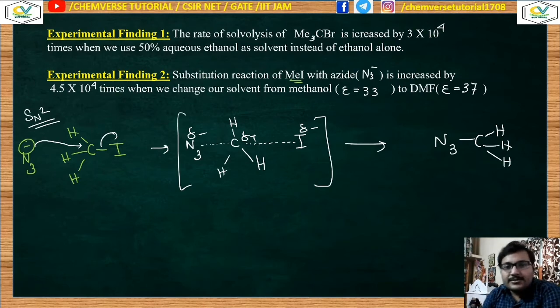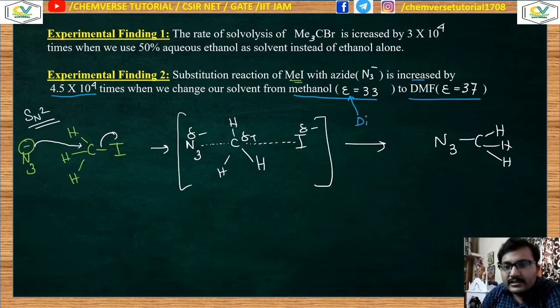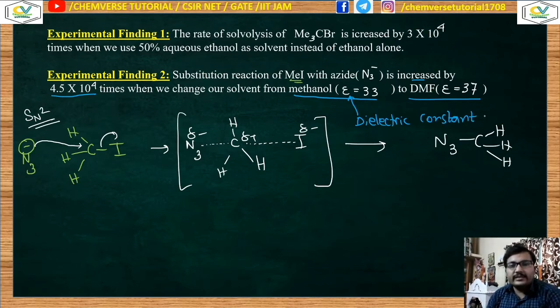Now the substitution reaction of methyl iodide with azide is increased by 4.5 into 10 to the power 4 times when we change our solvent from methanol to DMF. In brackets you can see the epsilon value is given. It is nothing but your dielectric constant. One more thing is that dielectric constant is a measure of polarity of any solvent.